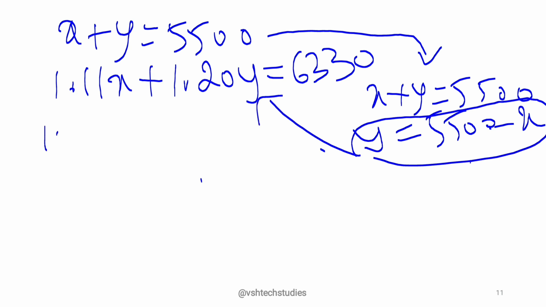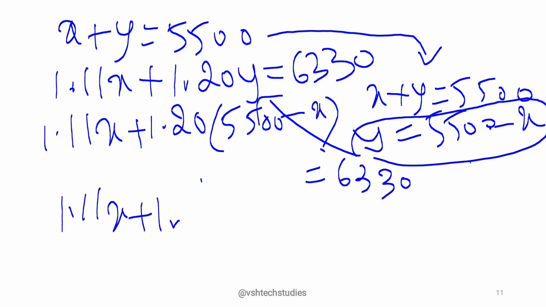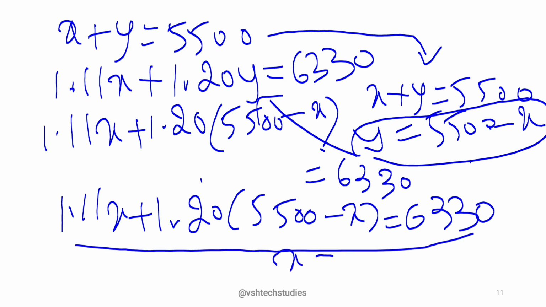Then 1.11x as it is, 1.20 as it is, and in brackets y is 5500 minus x, equal to 6330. Right? So the equation is 1.11x plus 1.20 into (5500 minus x) equal to 6330. Now using this equation we can get x.